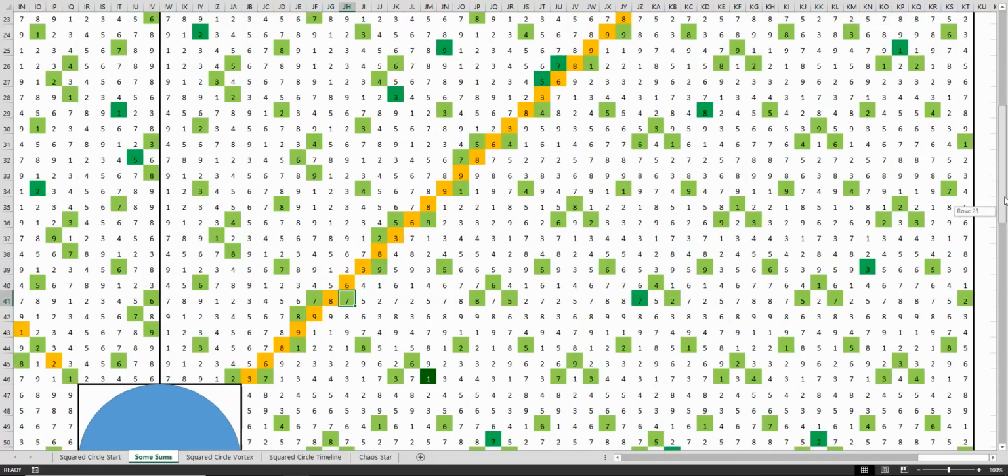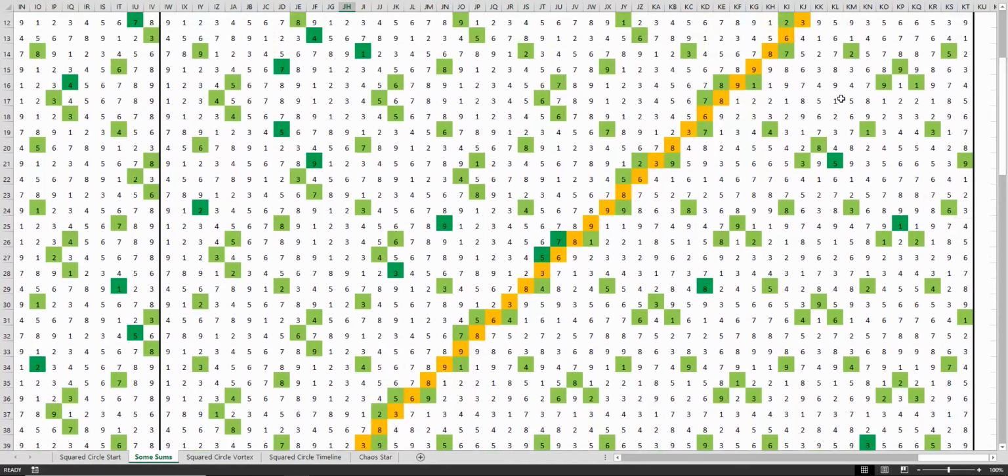Scroll on over and back up some. Here's the 1, 8, 7, 7 again, except it's reversed. Same thing with the 9, 2, 5, 9. There's the 9 for the 9. The 2 and the 5 are swapped here for the 5 and the 2, and then the 9 again.